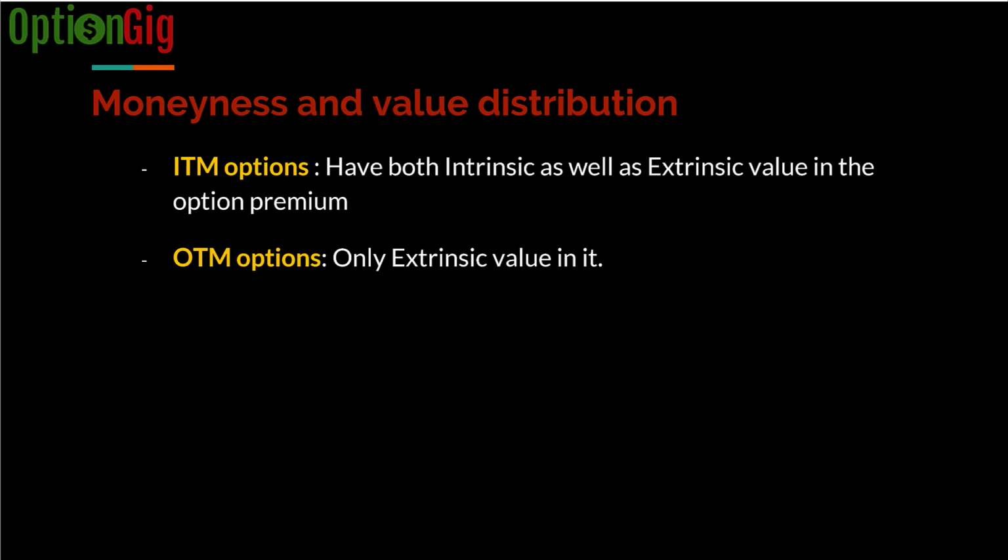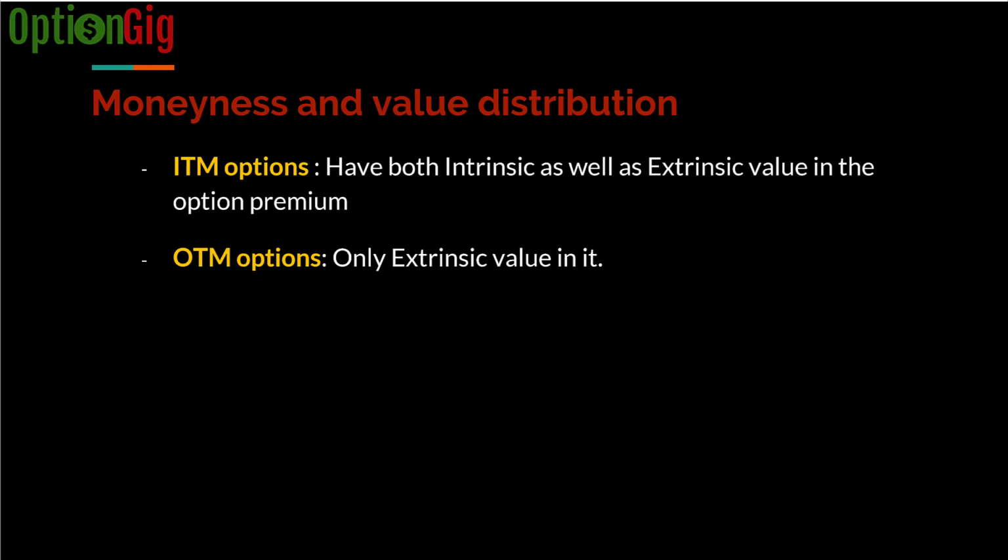out of the money. Now OTM or out of the money options do not have any intrinsic value. So the option pricing is solely because of the extrinsic value in it.